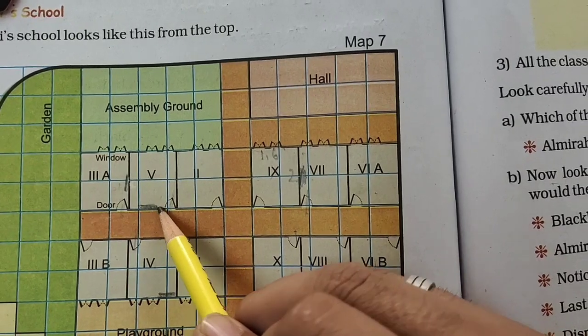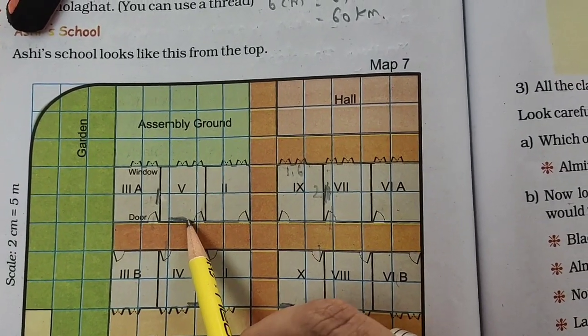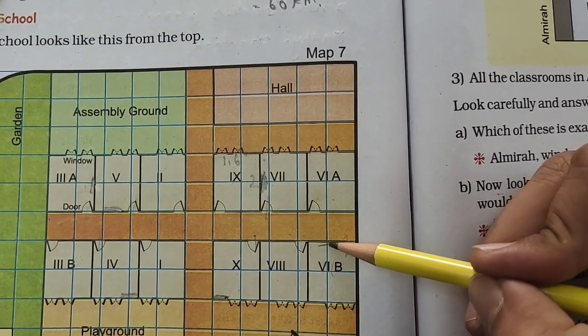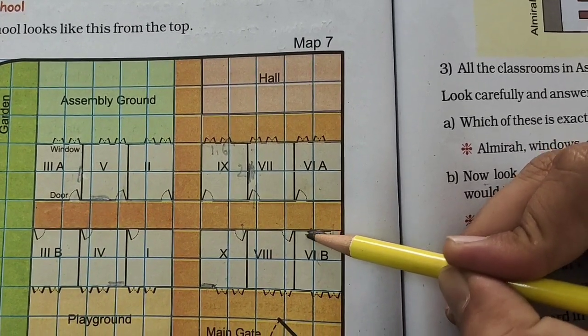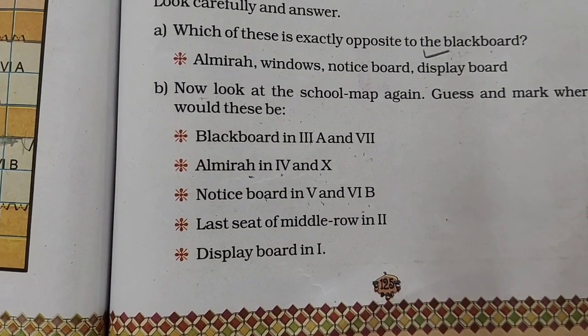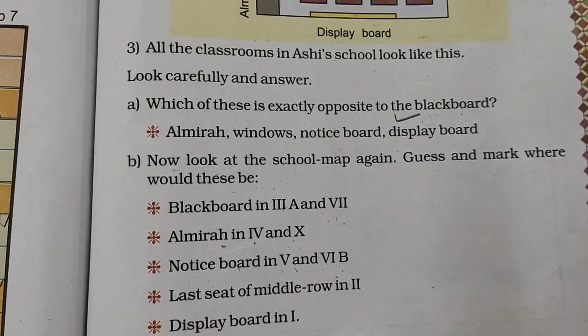In class 6th B, the door is here, and towards the left here will be the notice board, students. Understood?